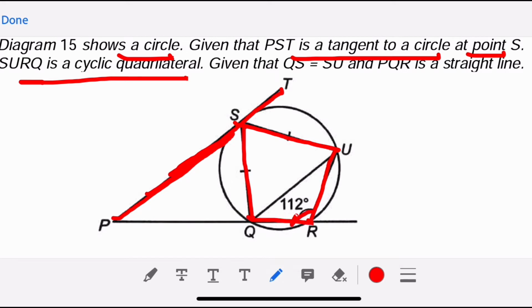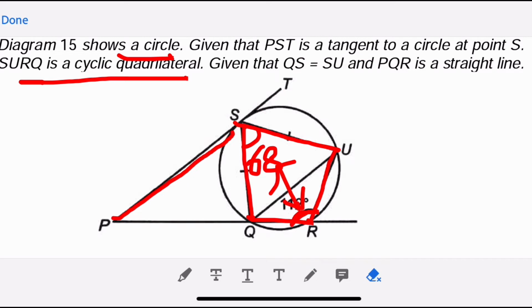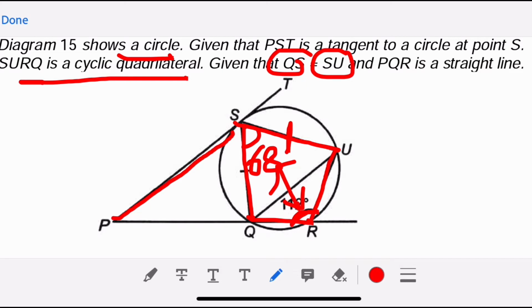Remember, if this is 112, then this angle can be found easily by 180 minus 112, so the balance is 68. These two angles, when you add them, should be 180, right? Now, given that the condition is QS and SU are the same, and PQR is a straight line.